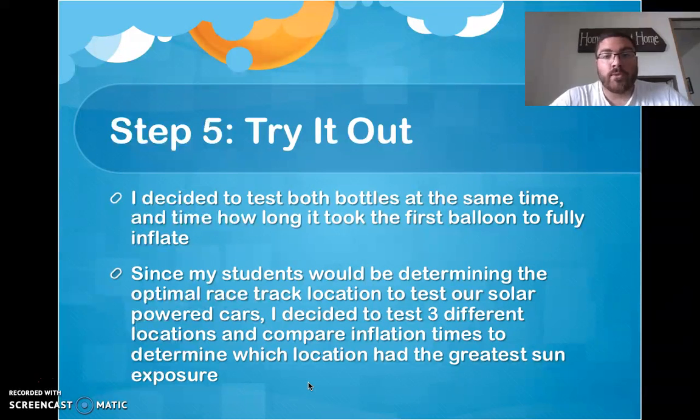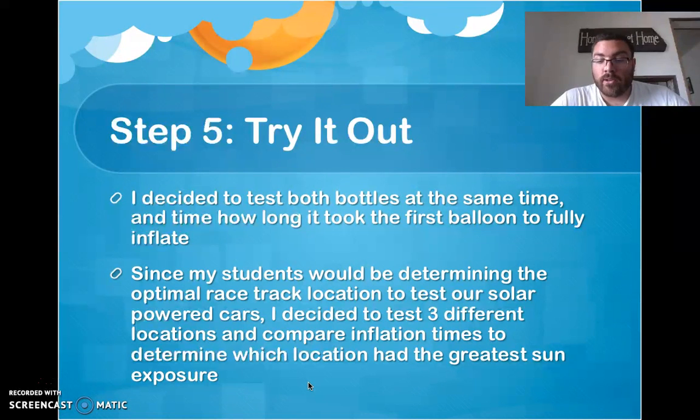Step 5 is to try it out. I decided to test both bottles at the same time and time how long it took the first balloon to fully inflate. Since my students would be determining the optimal racetrack location to test our solar powered cars, I decided to test 3 different locations and compare inflation times to determine which location had the greatest sun exposure, because with us racing our solar powered cars, it's important to have the maximum amount of sun exposure to allow the cars to work the best that they can.